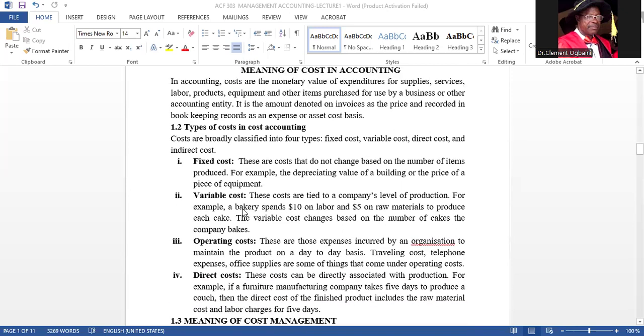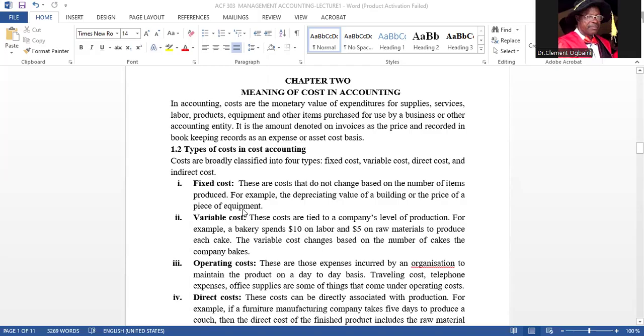Then another aspect of management accounting is the costing aspect of it. In management accounting, like I said before, we divide the costs, the expenditures of an organization, into four major areas. We have the fixed cost, which I said remains constant even when the units produced go up or come down. An example of fixed cost is depreciation, because you have already set aside how much you will use to depreciate an asset per year.